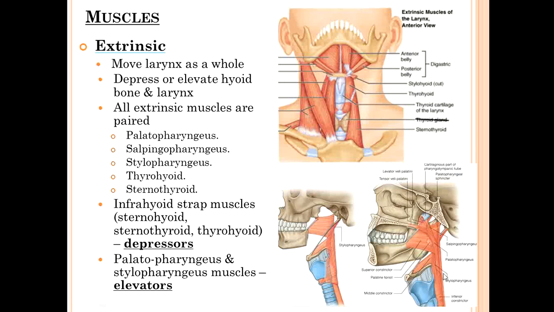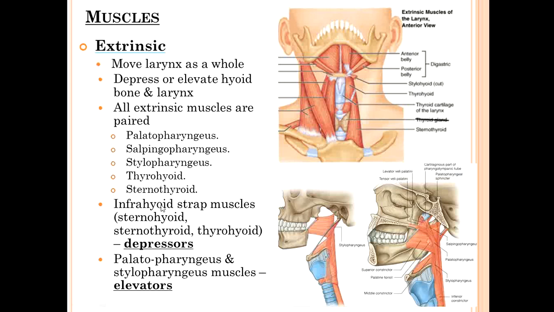Here, this is the muscle, the palatopharyngeus. Second is salpingopharyngeus, coming from around the eustachian tube. Third is stylopharyngeus, coming from the styloid process. Then thyrohyoid, from the hyoid bone to the thyroid cartilage.